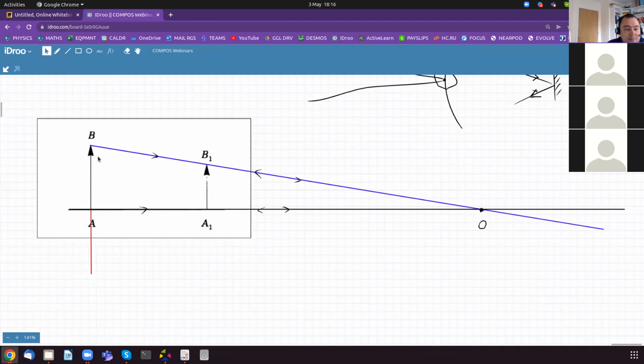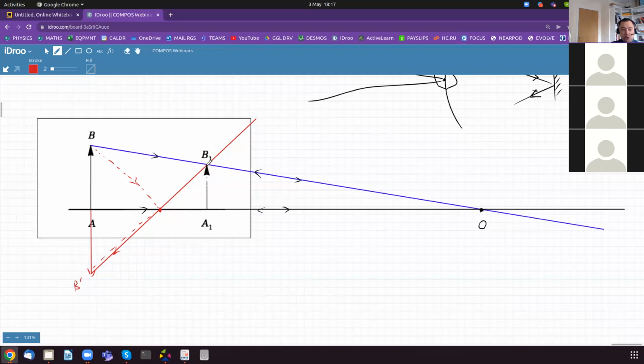So if there is a mirror, the reflection would go through B prime, B. Thus we found the position of the surface of the mirror, because we know that light goes like this and reflects like this, because the light should be coming as if it is coming from B1.